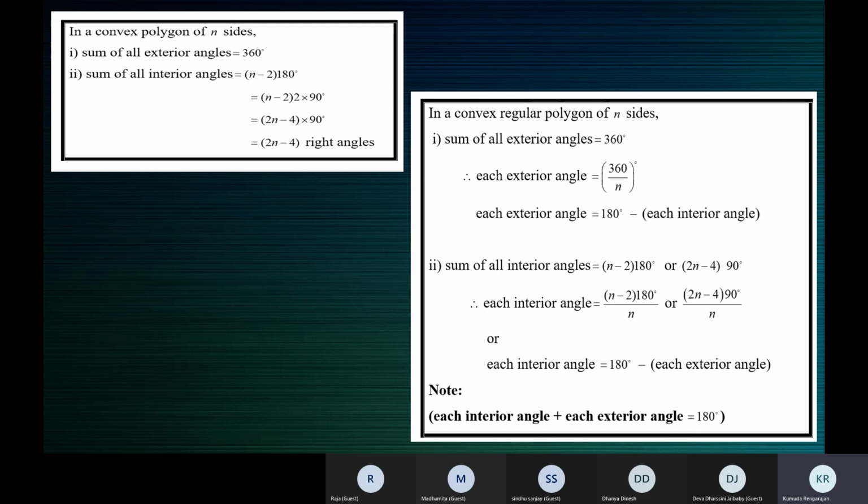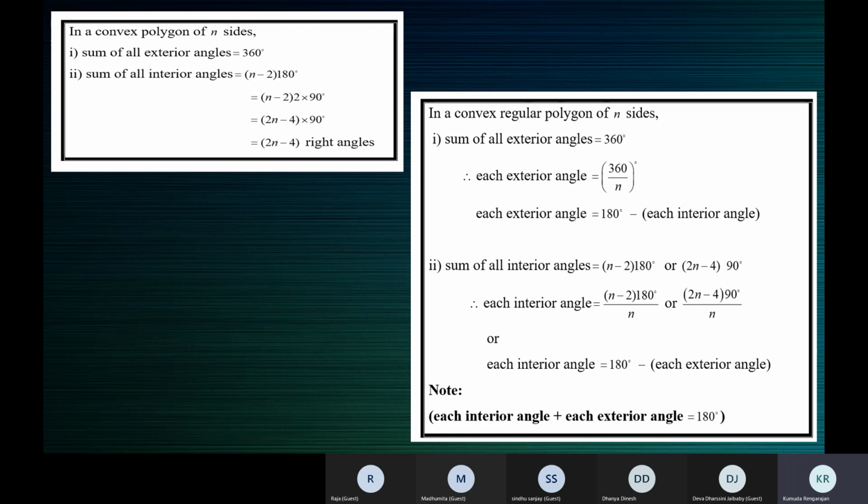So whether it is a triangle, quadrilateral, pentagon, the sum of all the exterior angles. Now a triangle has 3 exterior angles. A quadrilateral has 4 exterior angles. Pentagon has 5 exterior angles. The sum of all these angles will always be 360. The sum of all the exterior angles of any convex polygon will be 360, irrespective of the number of sides.